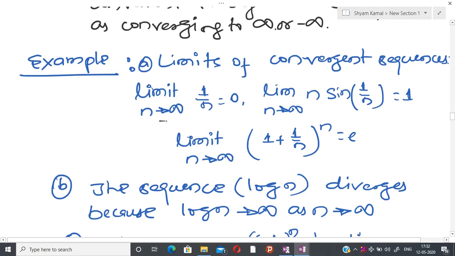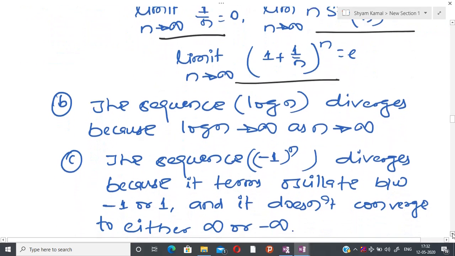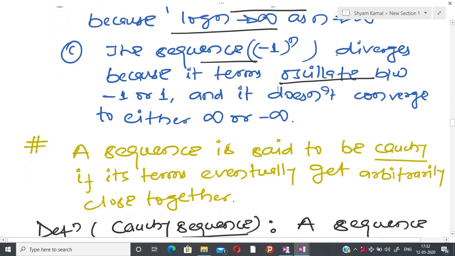You already know this kind of thing, and it is simple because I have only a one dimensional space, meaning I am dealing with just real numbers. Similarly, the sequence log n diverges, and this sequence oscillates between -1 and 1. Due to that reason, this sequence is not a convergent sequence. Now let us see how to calculate the epsilon and delta ball.